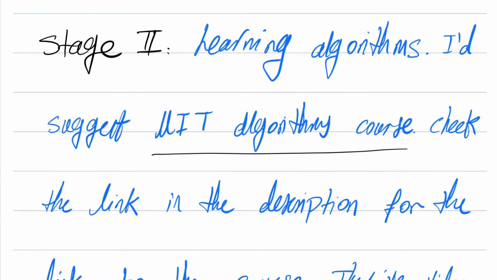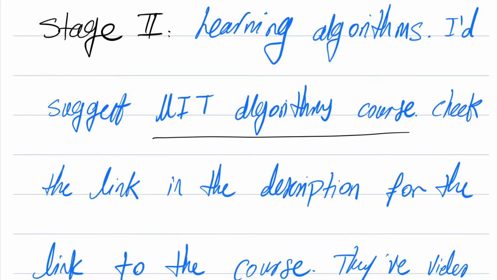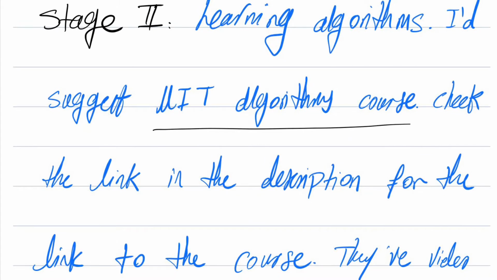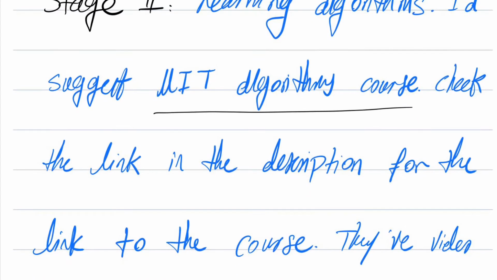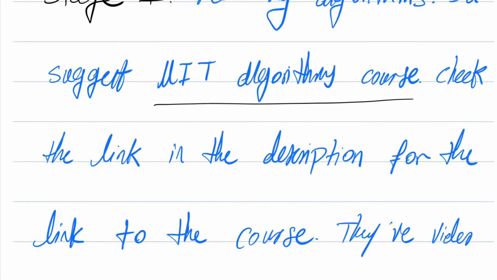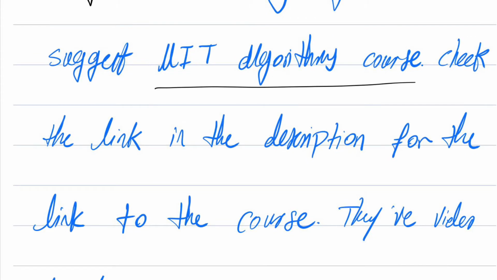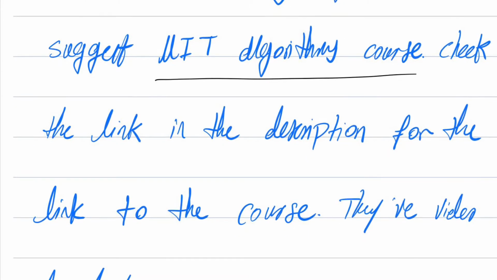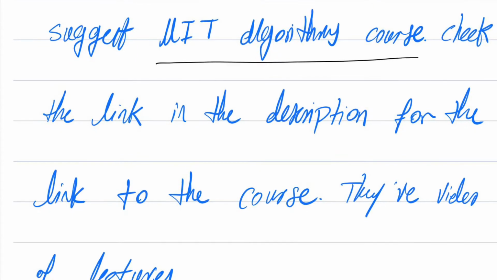In stage two, you need to learn algorithms. The way I did it, after a lot of searching and looking around, I started watching the MIT algorithms course. They have both the videos and the notes on the website. Check out the description, I'm going to put the link in the description. I'm not suggesting you take the course very seriously and do all the homework.